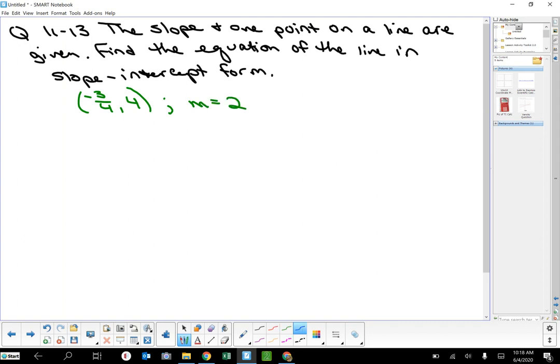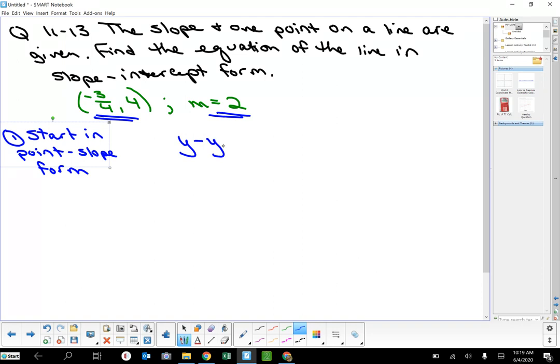And what you're going to do is start in point slope form. Remember, you use that when you have a point and a slope, right? Just like it says. So that equation looks like y minus y sub 1 equals m times x minus x sub 1.